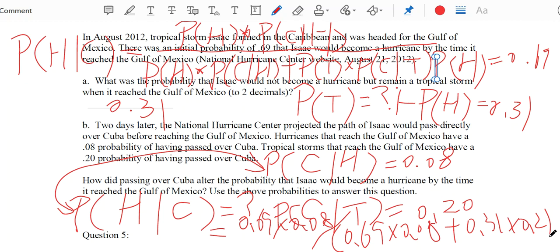Given it's going to pass Cuba, what's the chance it's going to be a hurricane? So 0.69 times 0.08, divided by 0.69 times 0.08 plus 0.31 times 0.2.